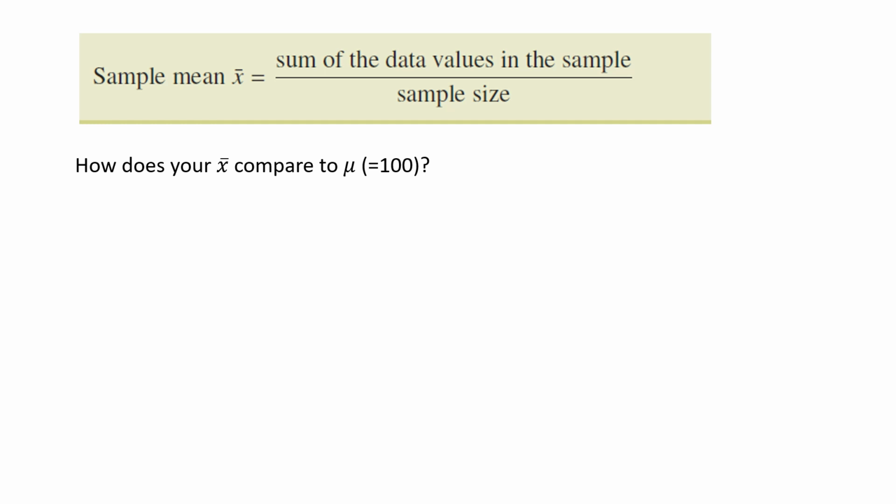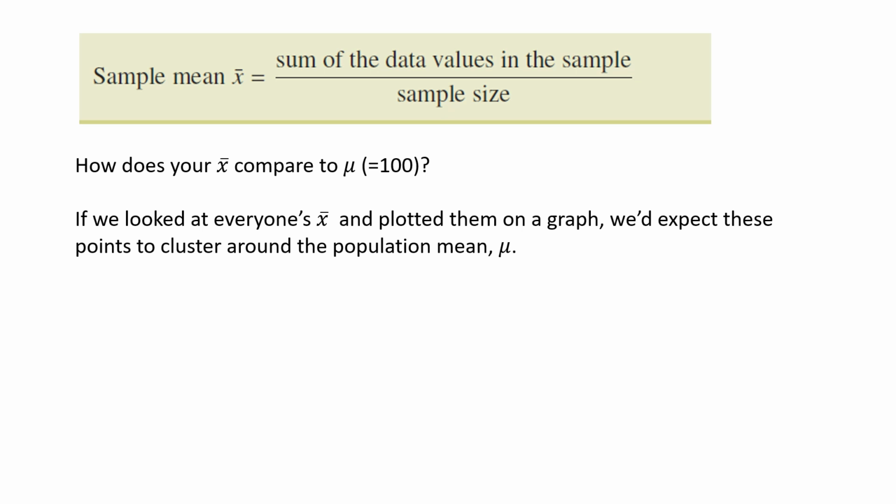What we've done is create a value for x bar. So how does x bar compare to mu, 100? Again, it's the same situation. The more and more samples of size 5 that we work out the average IQ for, we expect them more and more to start to center around the population mean, which we know to be 100.